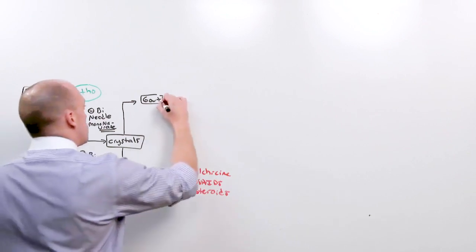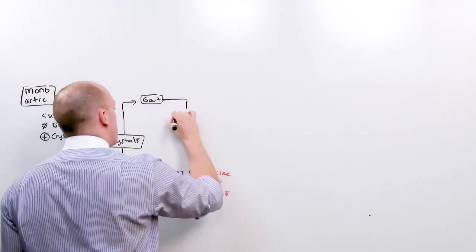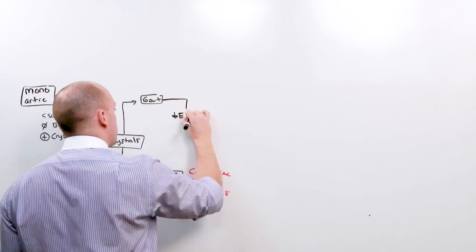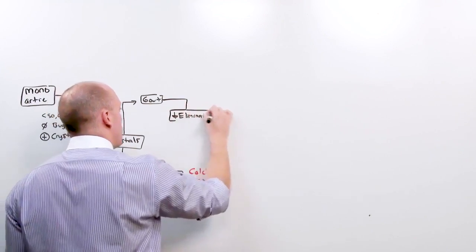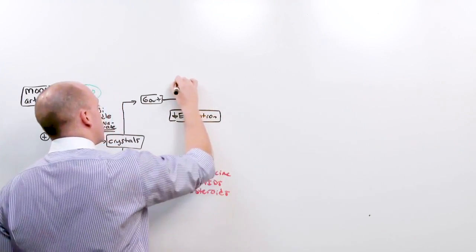And gout comes down to two things. It is either decreased elimination of uric acid, or it's increased production.